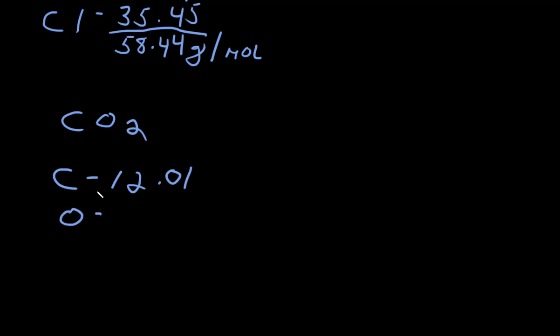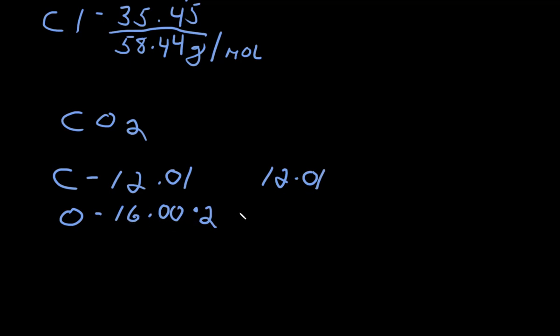Oxygen has an atomic mass of like 15.999. We're going to round that up to 16.00. But notice we have a subscript of 2 with the oxygen, so we'll multiply that by 2. Carbon only has 1, so we got 12.01.